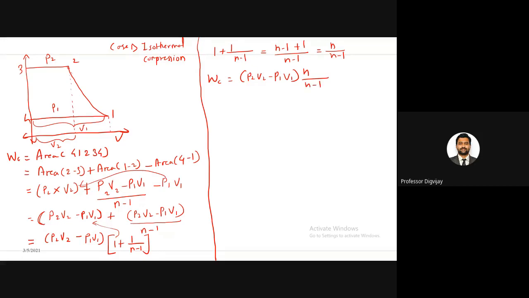So this is just the first step here. This is the work done or the work required in the case of isothermal compression. Okay.